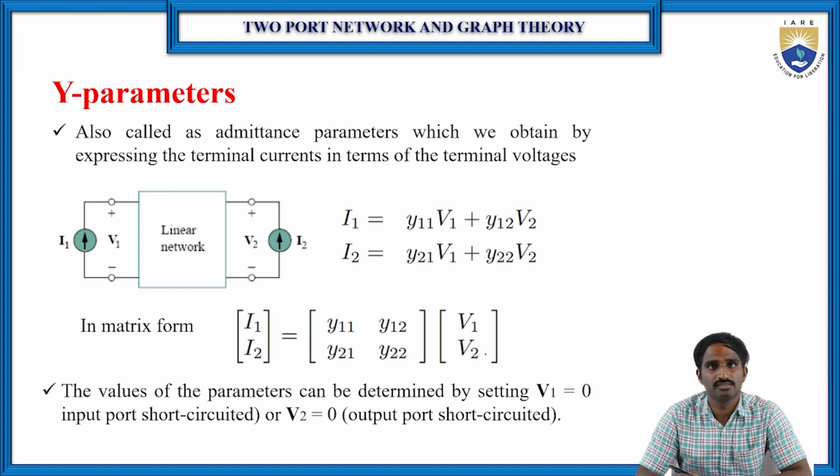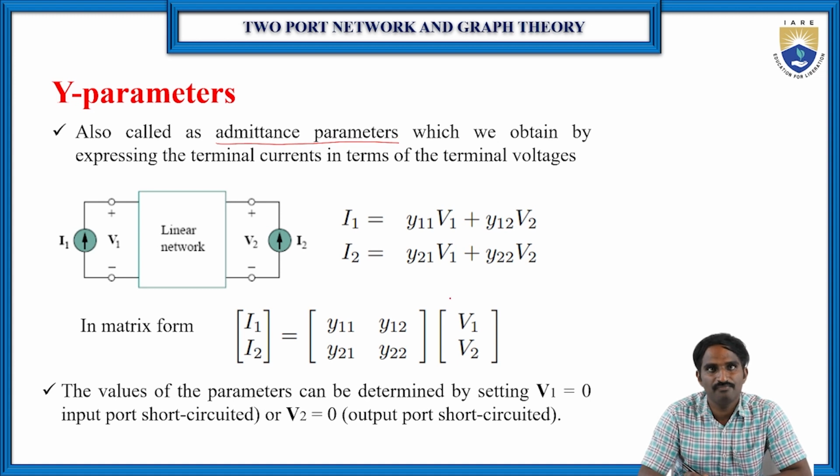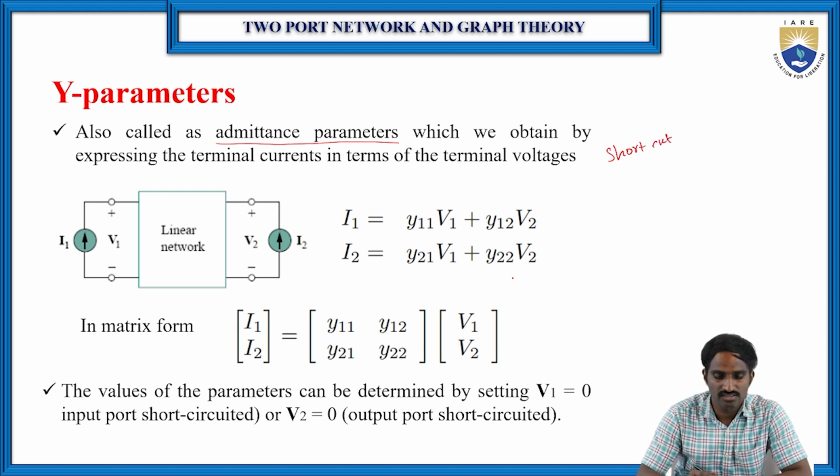Then coming to the Y parameters. The Y parameters are also called admittance parameters, and also short circuit parameters. Why? Because, as in the previous case, we make one terminal short circuit at a time to find the other two parameters.